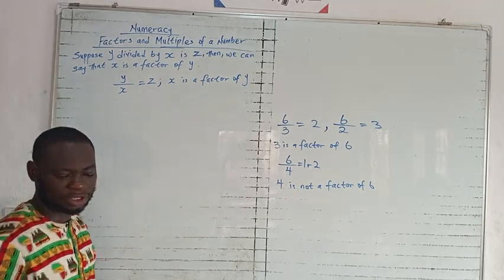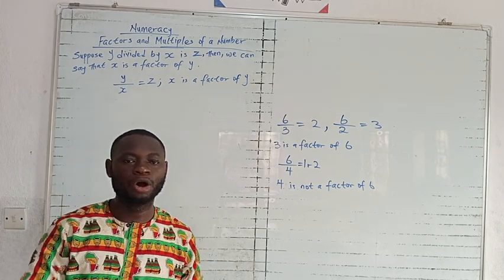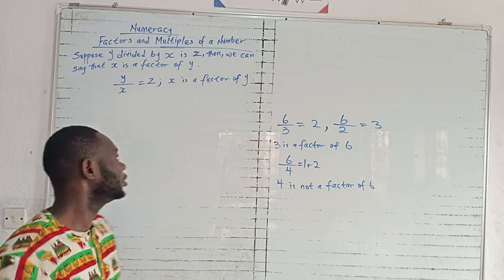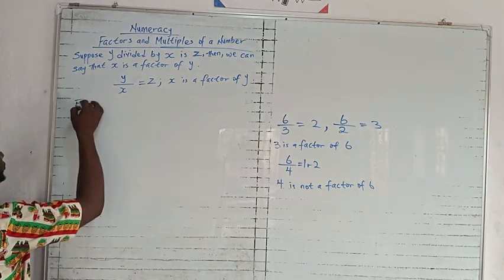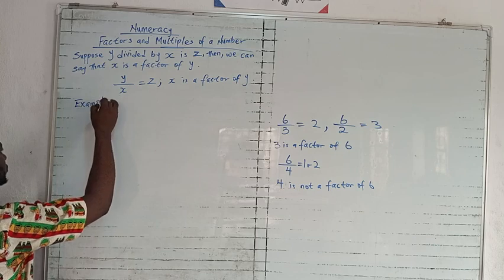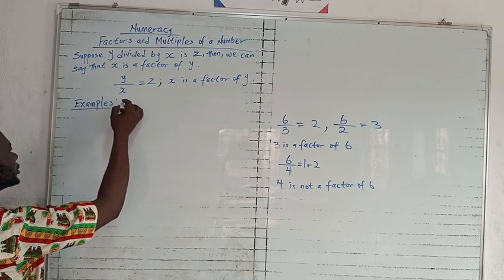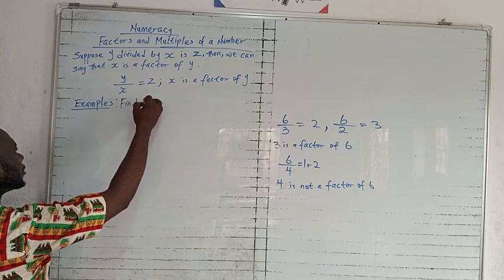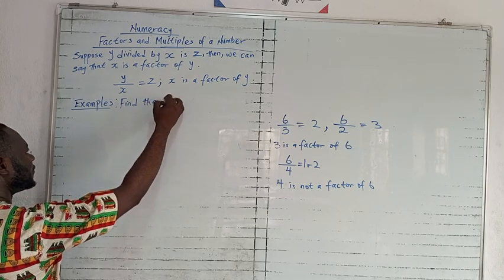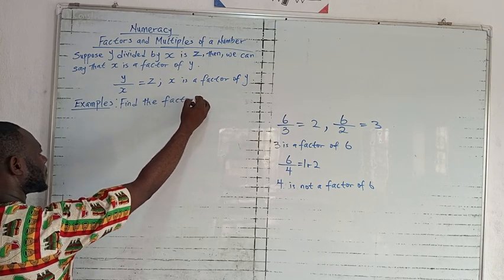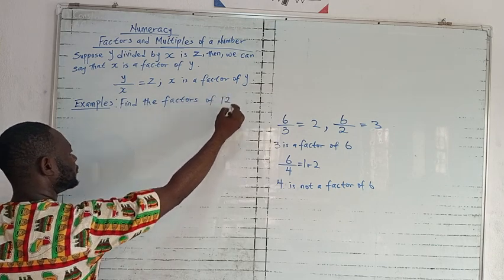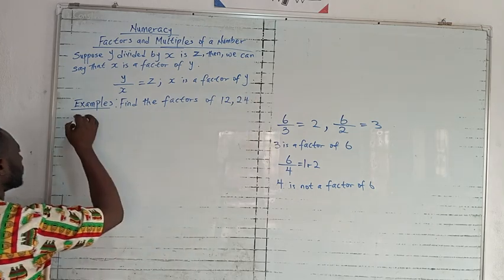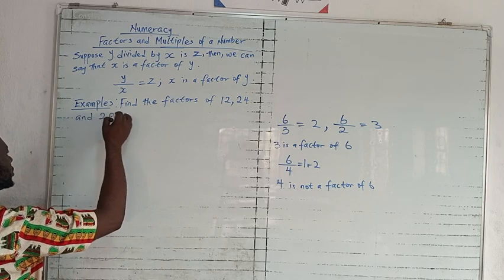So simply put, the factors of a number are all the numbers that can divide one number without a remainder. Okay, let's take for example, find the factors of 12, 24, and 20.